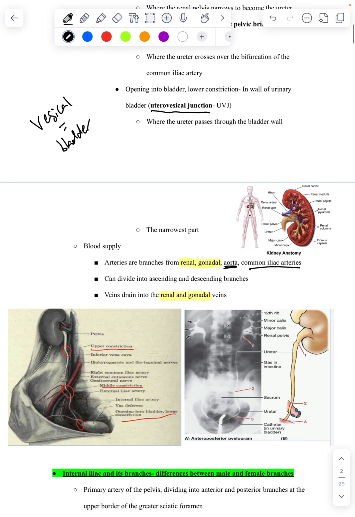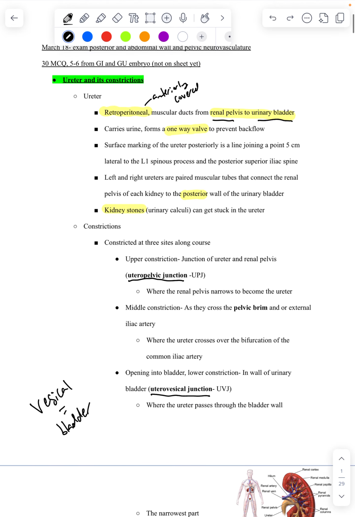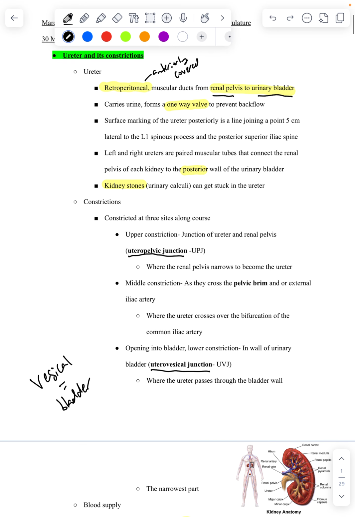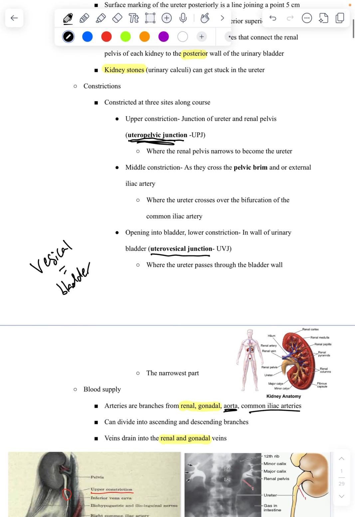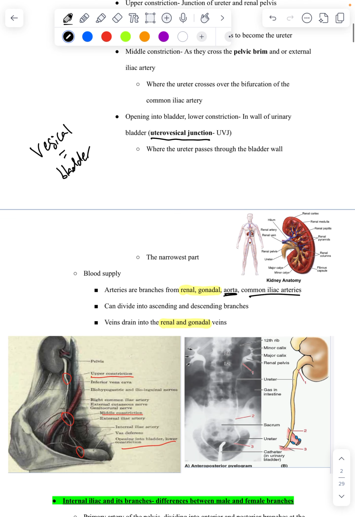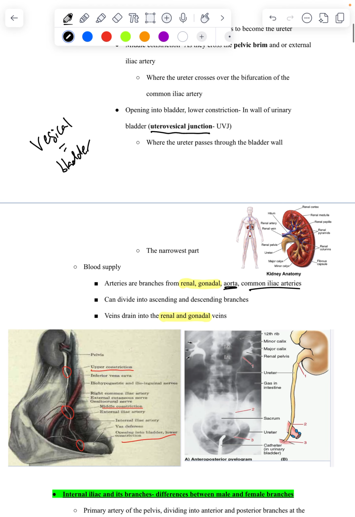So where it connects to the bladder. So over here, this is your first one, the uretero-pelvic, ureter to pelvis, renal pelvis. And then this bottom one is ureter to bladder or uretero-vesical.